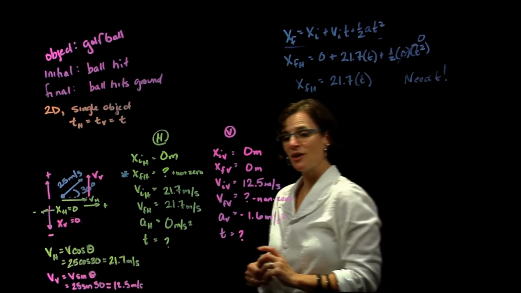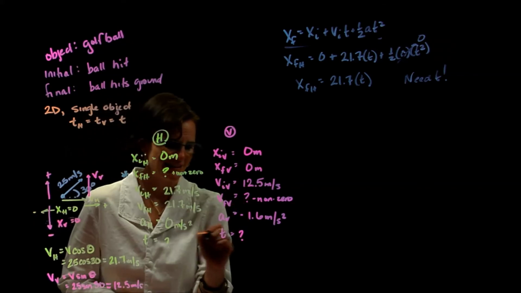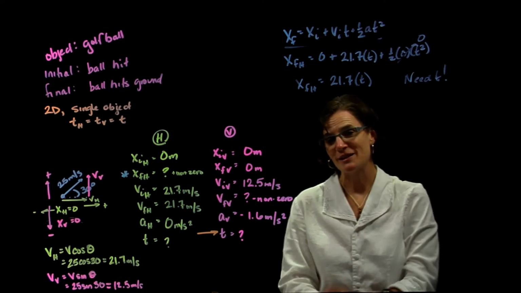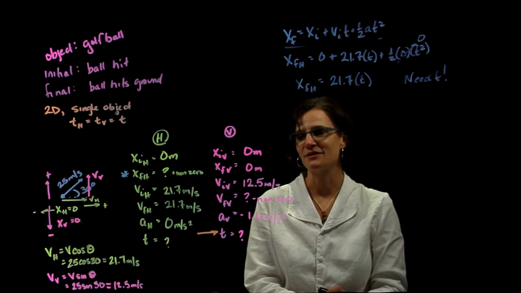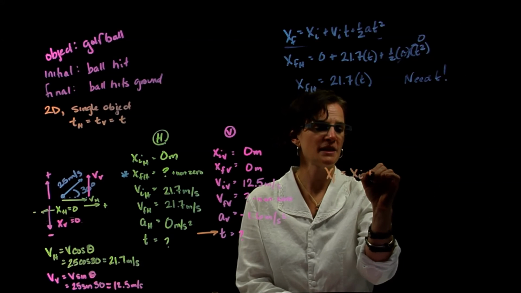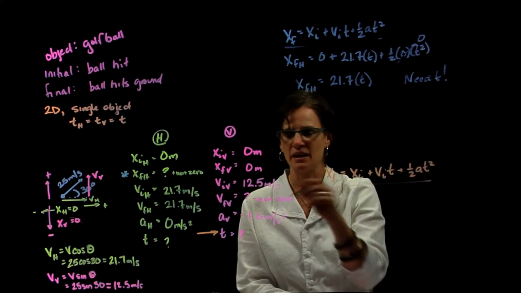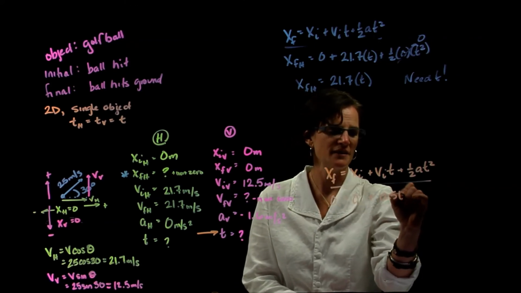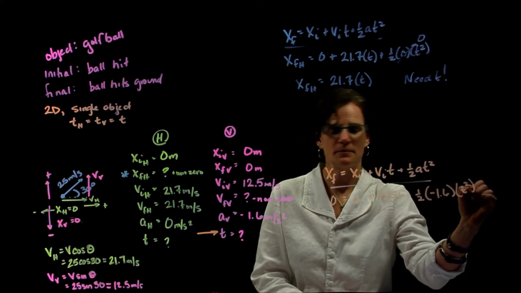I'm not given the time in the problem. I'm not able to solve for that time in the horizontal dimension, but remembering that our time is related to that vertical dimension. And so if I look at all the rest of the stuff I know, I don't know V final or the final velocity in the vertical direction, and so I'm going to use the same relationship for position to get me to my time. X final is 0, X initial is 0. V initial, 12.5 t plus 1/2 negative 1.6 times my time squared.